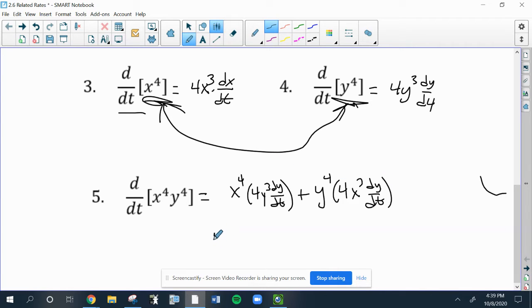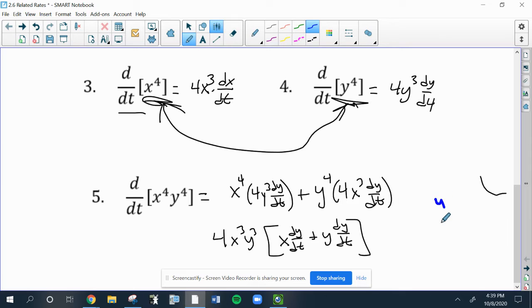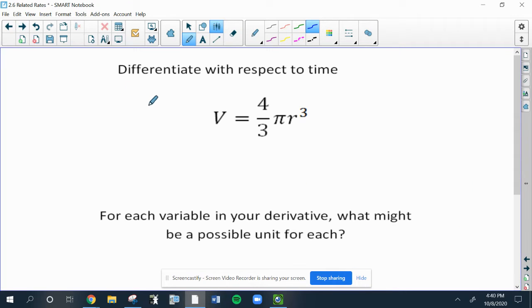We have a 4 in common, an x cubed in common, and a y cubed in common, and we're left with x dy dt plus y dy dt. Now, no longer use a y prime for the derivative, because that usually means dy dx. This t means something, so we want to keep it as dy dt, or d whatever dt.